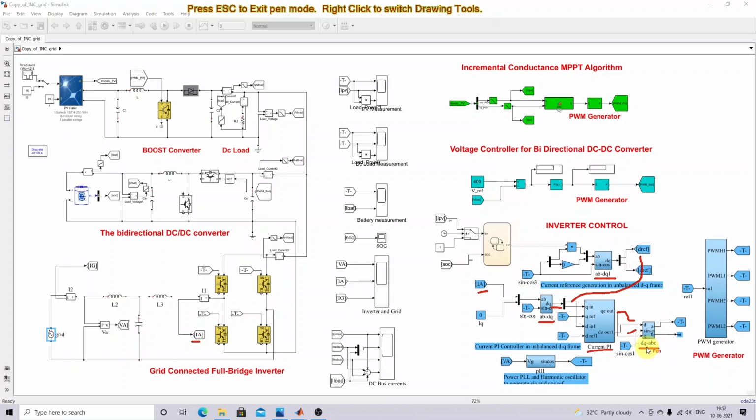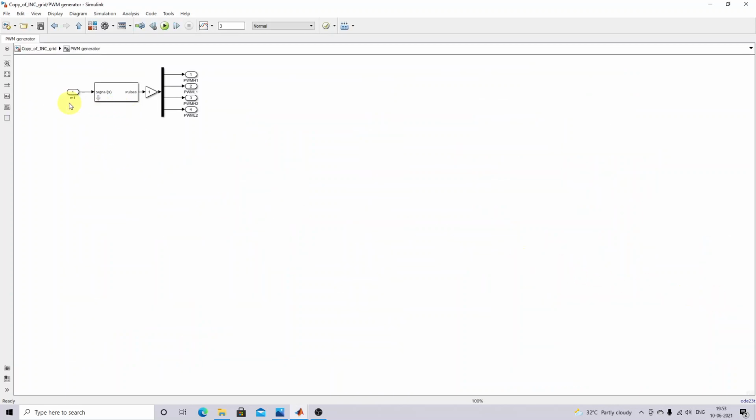After the DQ to AB conversion, we will take only the A quantity for generating the pulse for that single phase inverter. So this A quantity can be processed via the PWM generator. So this controlled voltage generated from the current controller of the inverter is processed via the PWM generator.